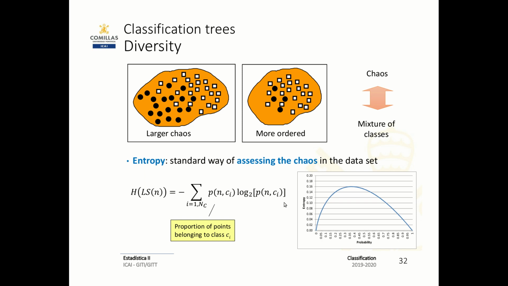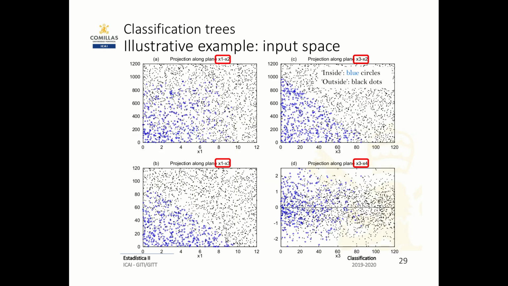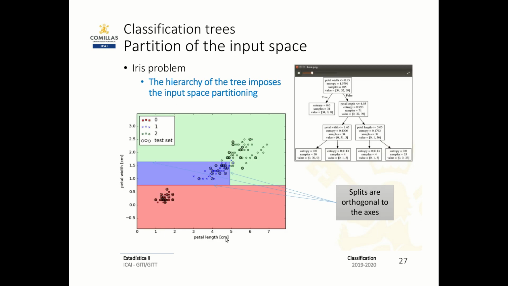By convention the logarithm of 0 is minus infinity, but when doing these calculations 0 times infinity is 0. We calculate this sum, and the entropy is the negative of that sum. So we know how to calculate the entropy of this node.